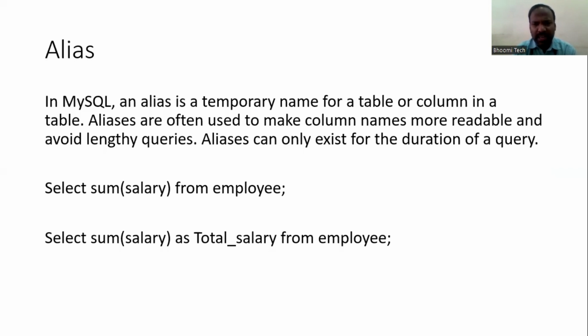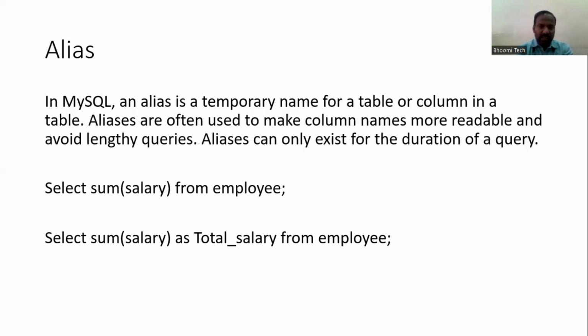This is a temporary name just for the execution of that query. So we give it for column names, or to avoid lengthy queries we give an alias, and they exist only for the duration of the query.